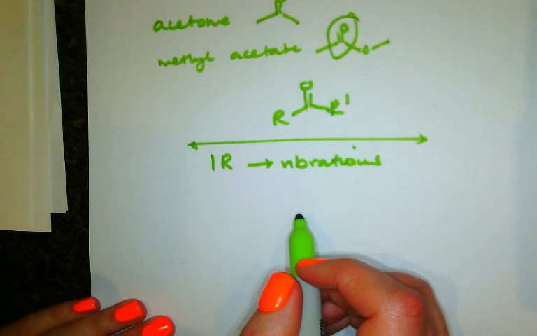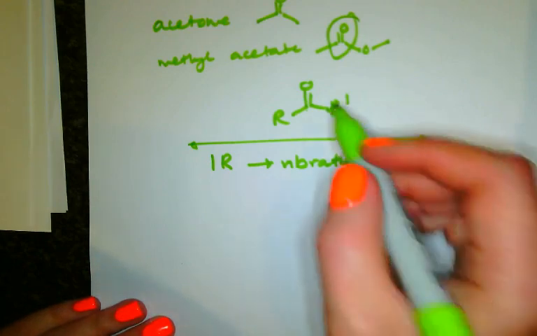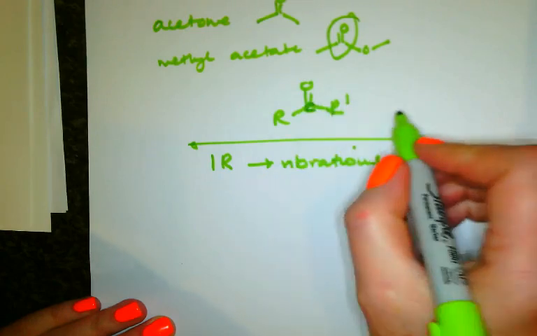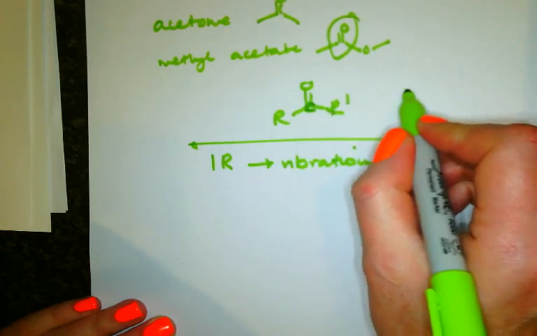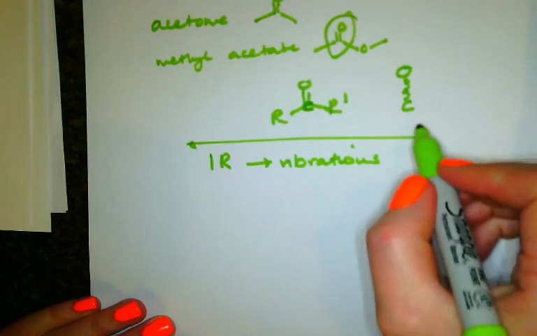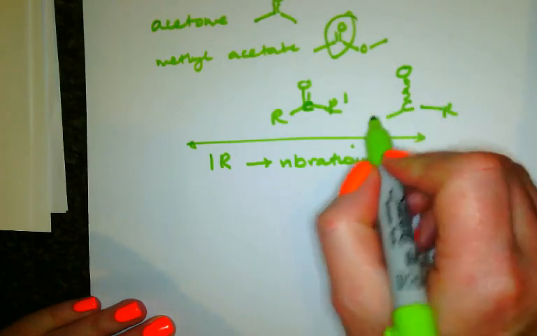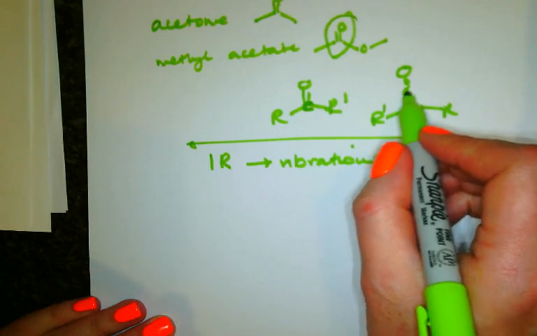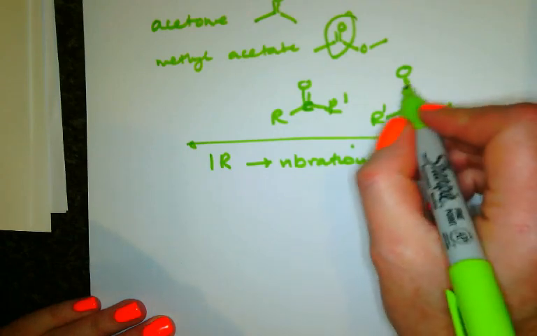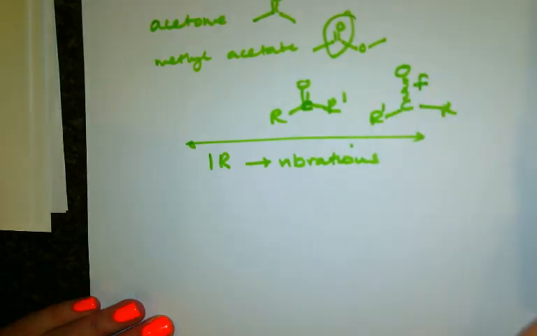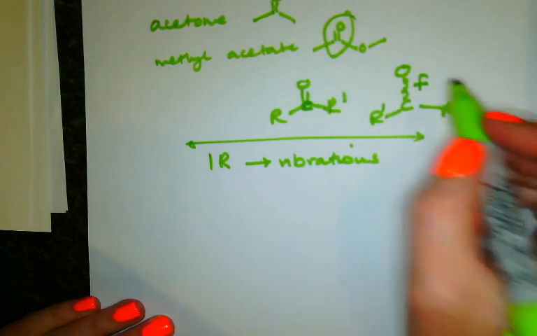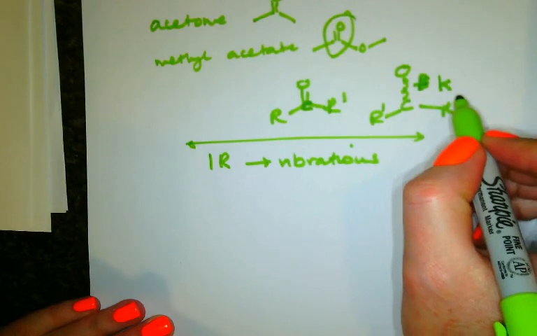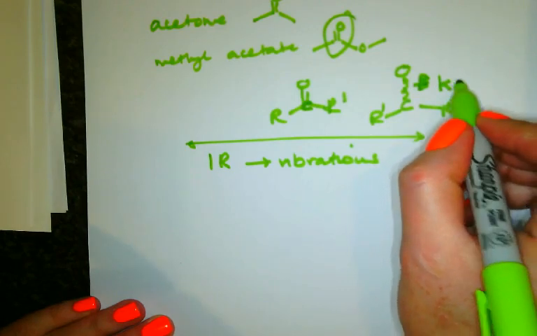We are specifically interested in this practical in the vibration of the carbonyl bond. You can imagine your carbon and your oxygen atom being connected by a spring. And remember, when we talk about vibration, we assume that spring to be represented by what we call a force constant, K.